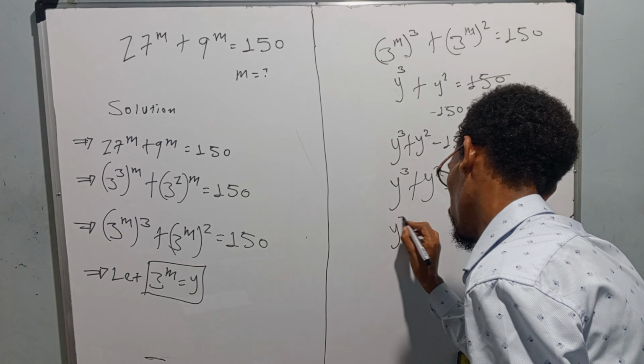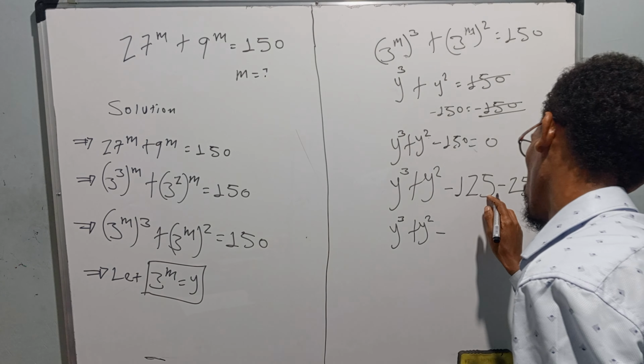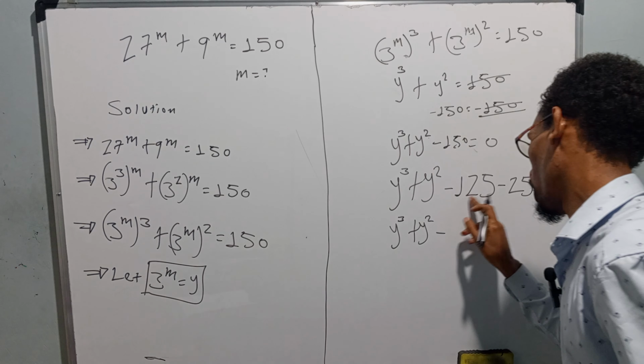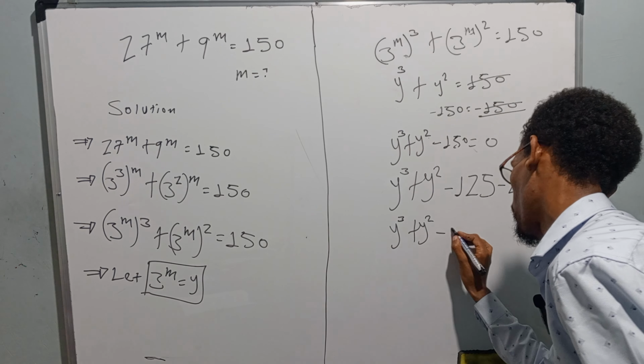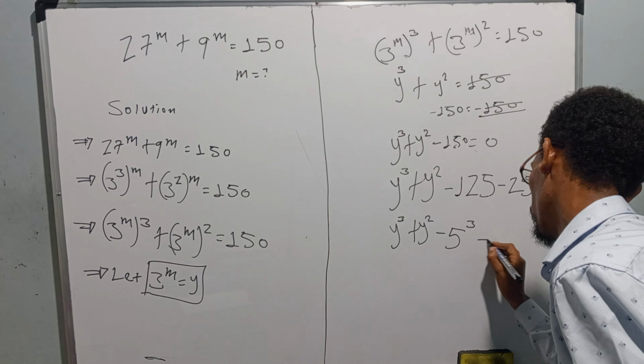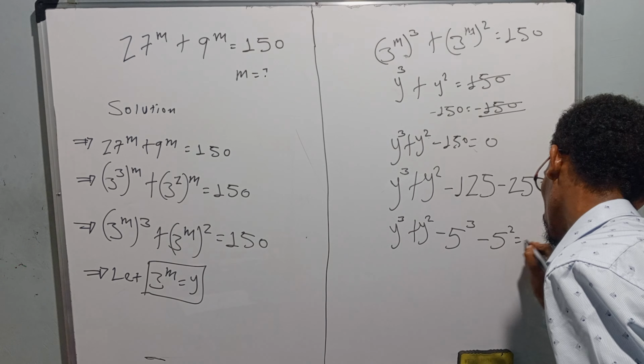That means y cubed plus y squared minus 125, which is 5 times 5 times 5, so 125 is 5 cubed, and 25 is expressed as 5 squared, is equal to 0.